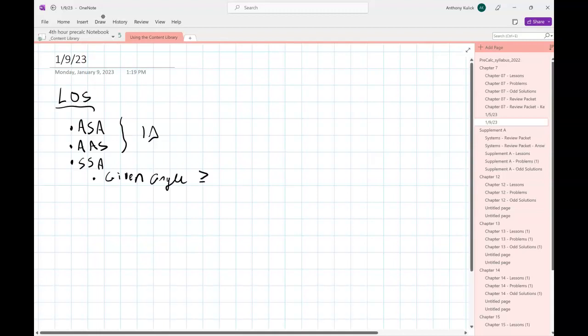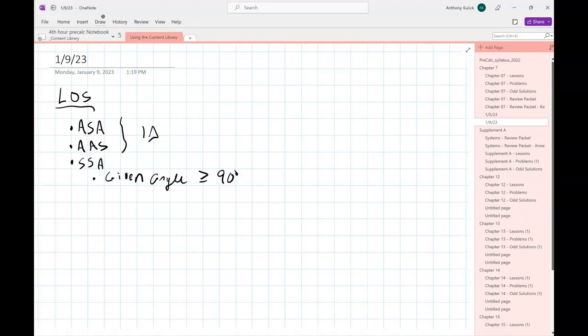If that given angle is greater than or equal to 90 degrees, you need to check 2 things. If the side opposite the angle is shorter or equal to the other side, well, that's an impossible situation because now the longest side isn't opposite the biggest angle. So 0 triangles are possible there. You can't actually do that problem.